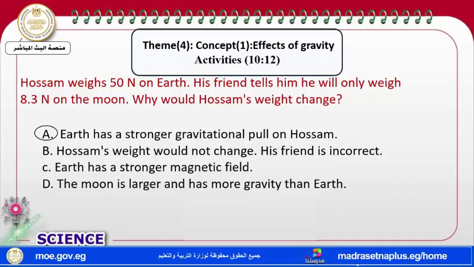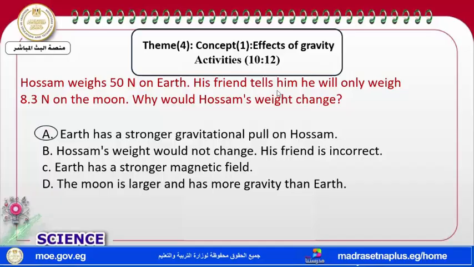Now let's move to another question. There's a boy called Husam. Husam on Earth is affected by a force, the Earth's pull, and weighs 50 Newton. Husam has a friend.